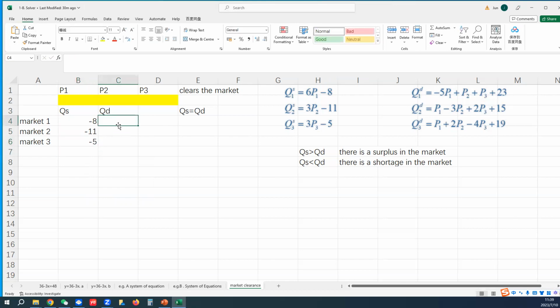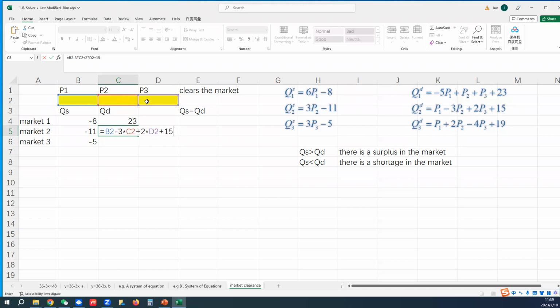Now, for quantity demanded of the first one, minus 5 multiplied by P1 plus P2 plus P3 plus 23. That's the quantity demanded for market 1. Quantity demanded for market 2 is P1 minus 3 times of P2 plus 2 times of P3 plus 15.